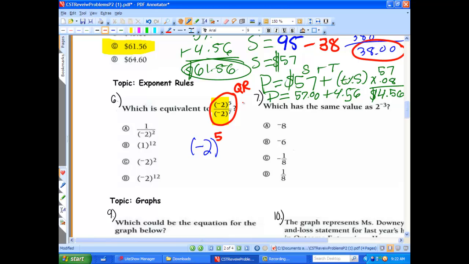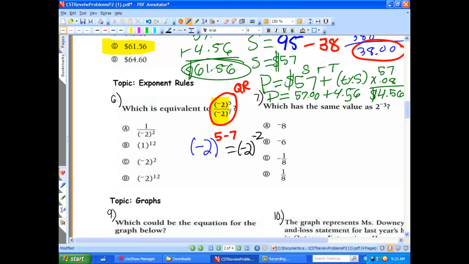So we're going to do 5 minus 7. We keep the base, subtract the exponents. You should get -2 to the negative second.